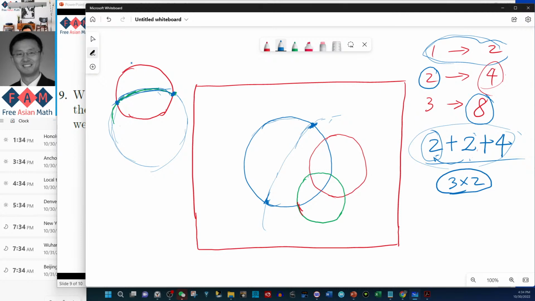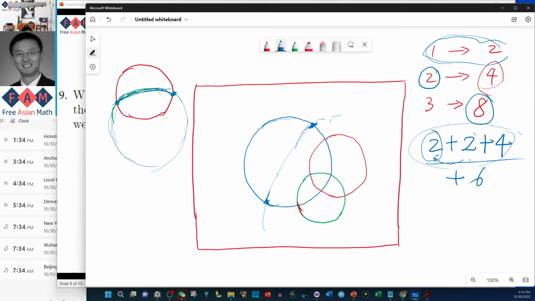So the number of regions added is actually equal to how many new intersection points with those circles you can create. So in this case, when you add the 4th circle, it can only create 3 times 2 new intersection points.